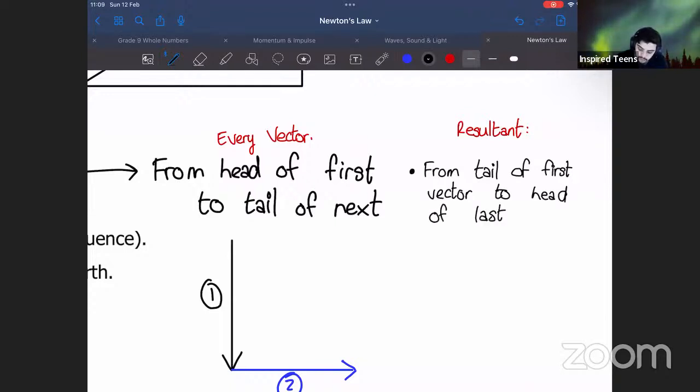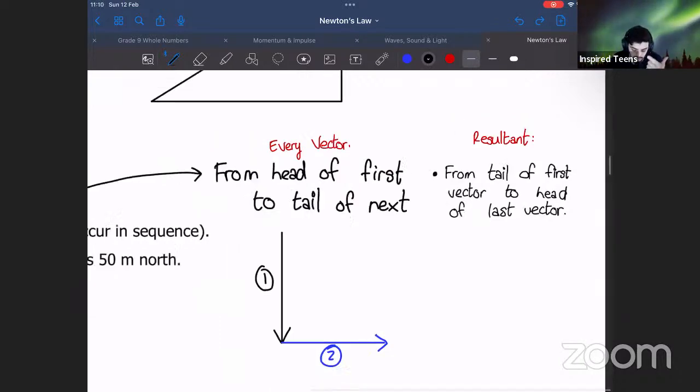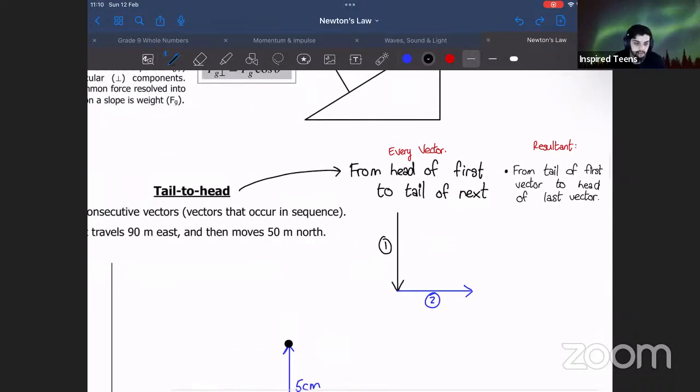Always, always, always. From the tail of the first to the head of the last. When you're drawing every normal vector, not the resultant, you draw it from the head of the first to the tail of the next. So the head to tail method. But you just know that.